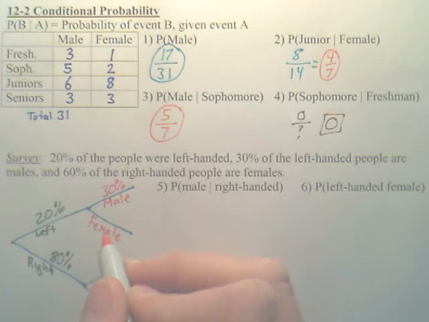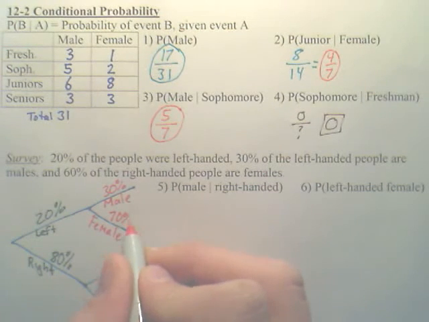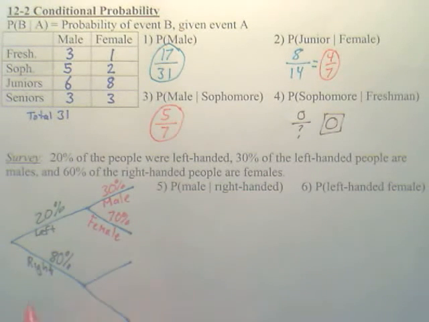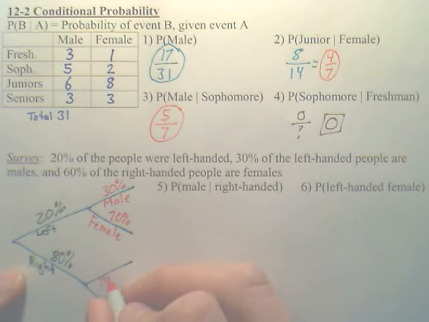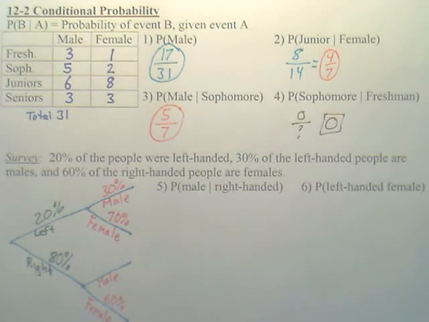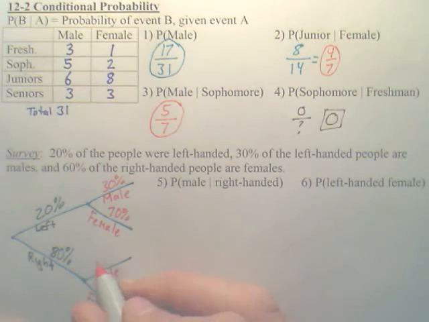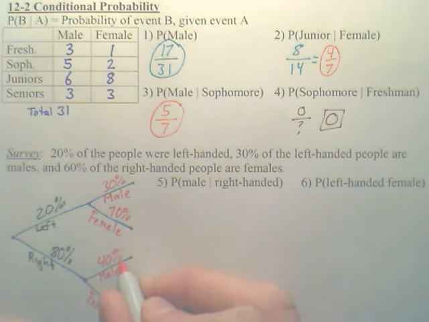Would there be either male or female left-handers? So if we go down here to right-handers, you have male and female as well. So it says 60% of the right-handed people are females. So 60% down here for females. And what would they be for males? If that's 60, wouldn't this be 40%?